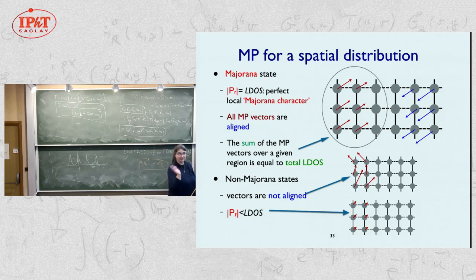The direction of the Majorana vectors is changing with respect to position. And I'm going to show you an example when this happens, and it's quite interesting, because if you don't have this criterion, you cannot guess if a state is a Majorana. You don't have another criterion to say, because the energy can be quite low, so it's close to 0. I have locally some Majorana character. How do I know that the state is a Majorana or not?